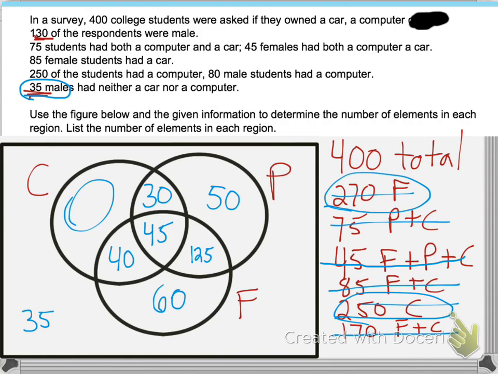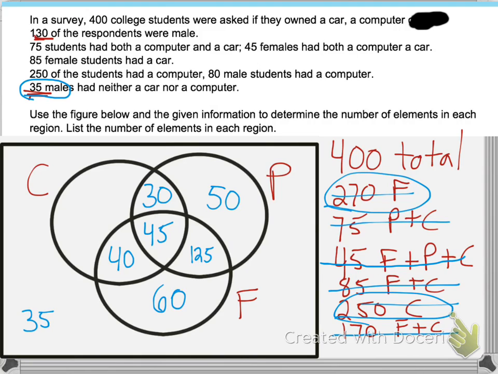And so the last thing we need to do now is figure out what goes in here. Well, there's 400 people total. We've accounted for every region except for that region there. So if there's 400 total, the whole box has to total up to 400. If you take a moment and add up all of the numbers, go ahead and do that.